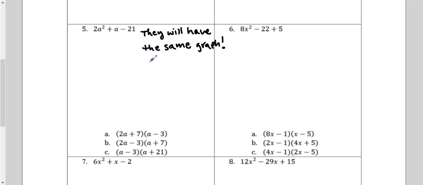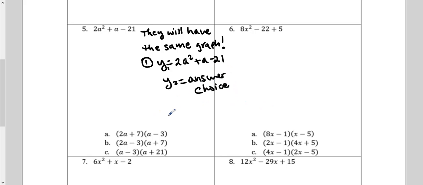What that means is, my first step, I'm in y equals, I'm going to plug in my question in my calculator, in y1, and then in y2 I'm going to plug in my answer choice. And then the second step would be to look for same graph, okay? Because they will have the same graph if it's a factored form.